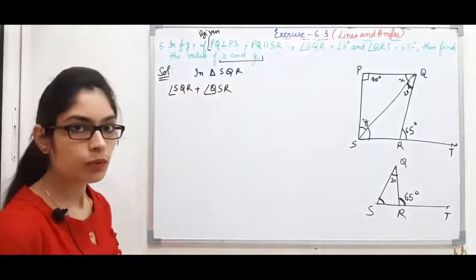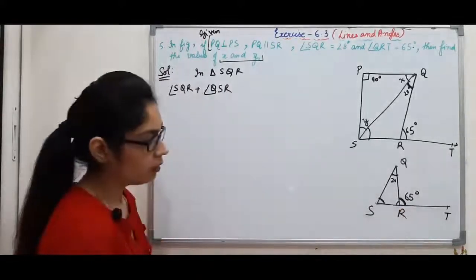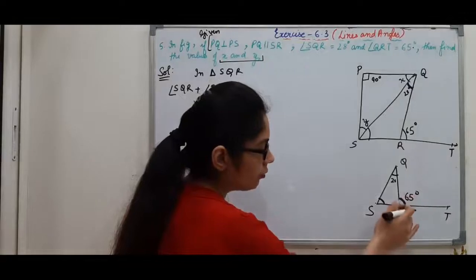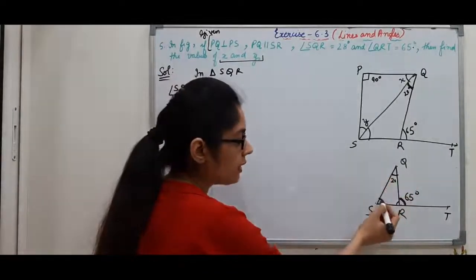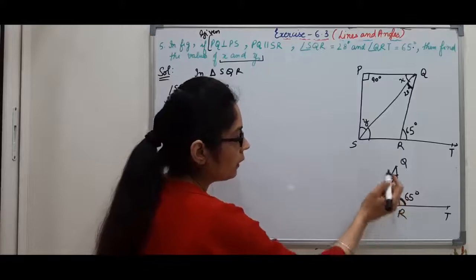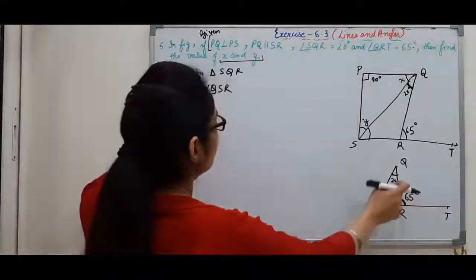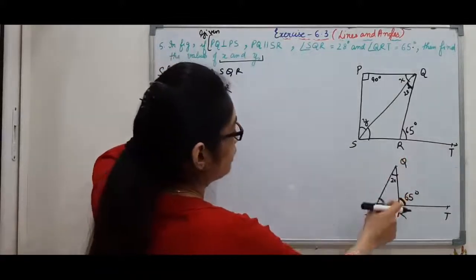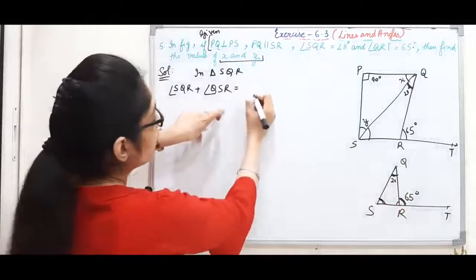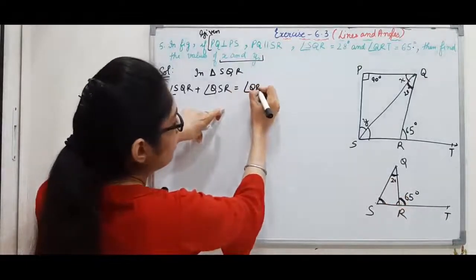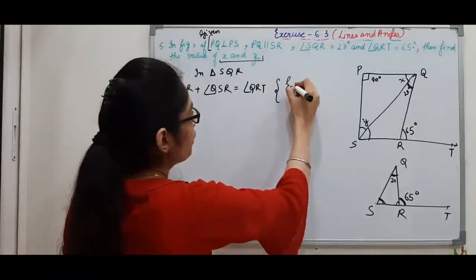Here you have to take, see, don't take the adjacent angle, which is touching or sharing a common arm and common vertex. You have to take the opposite angles, and the opposite angles are these two angles. So angle SQR, this one, plus angle QSR, this one, their sum is equal to angle QRT. We can mention the reason: exterior angle property of a triangle.